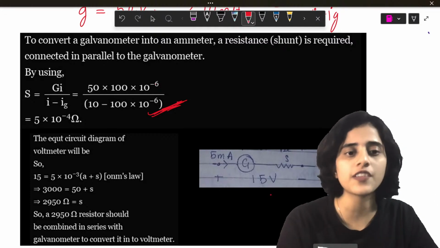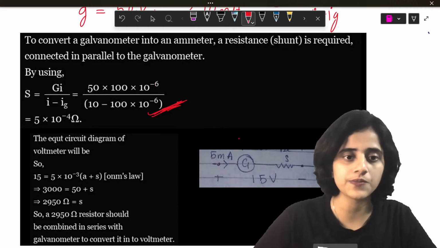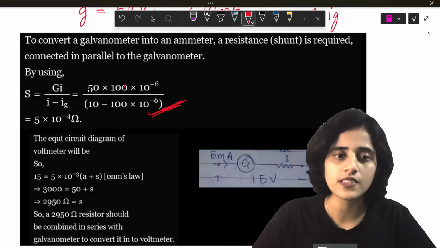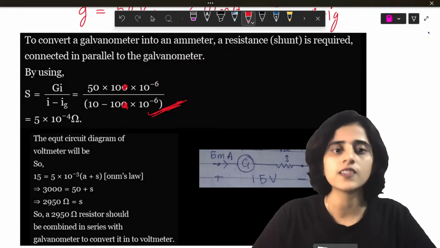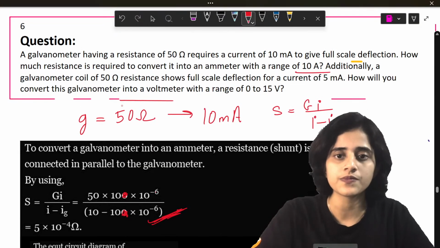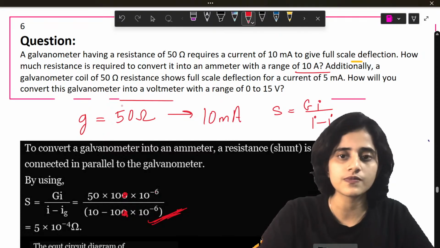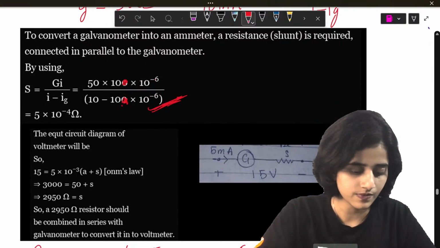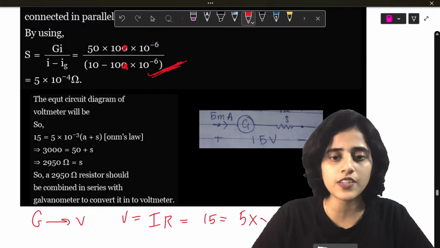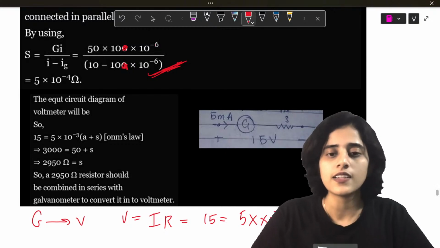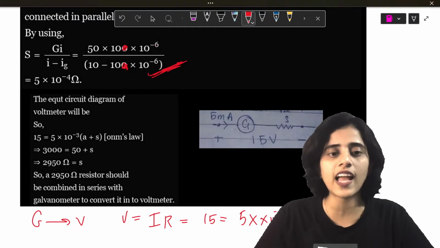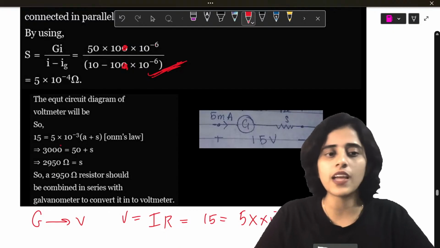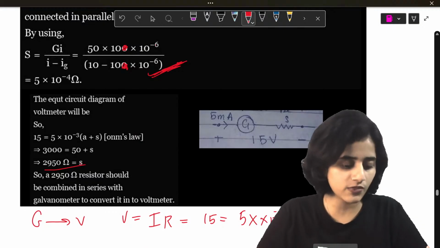Yes, it should be 5 into 10 raised to minus 3, times the resistance, the resistance of the galvanometer and the resistor, so I will just put it as G plus S. And then if you do the math, you should get 2950.